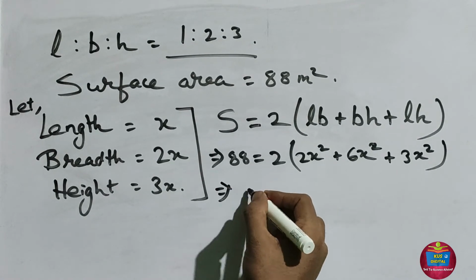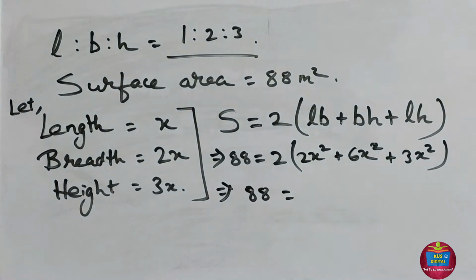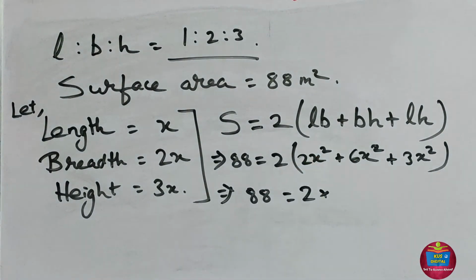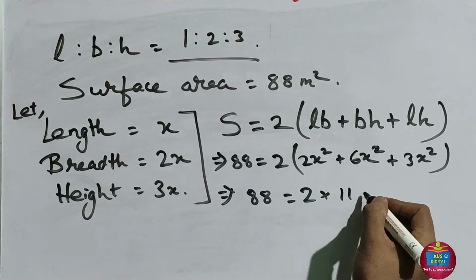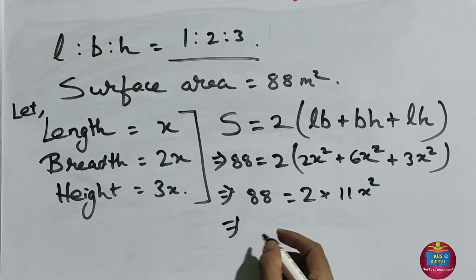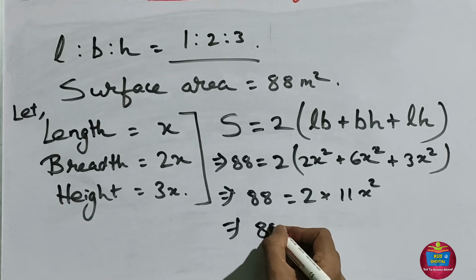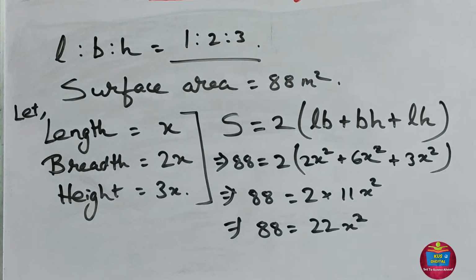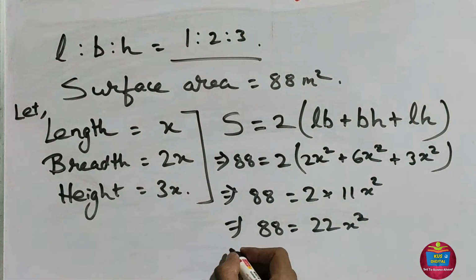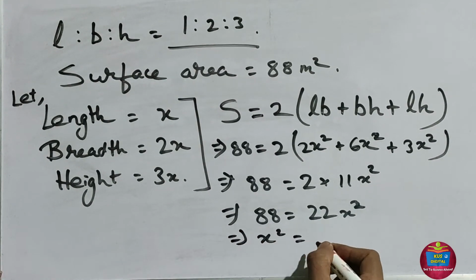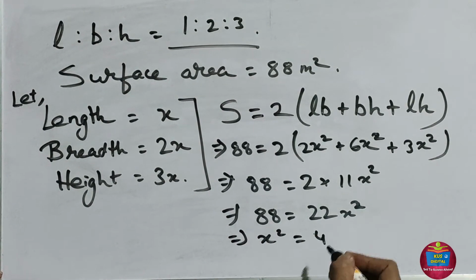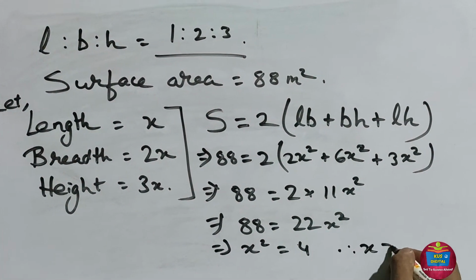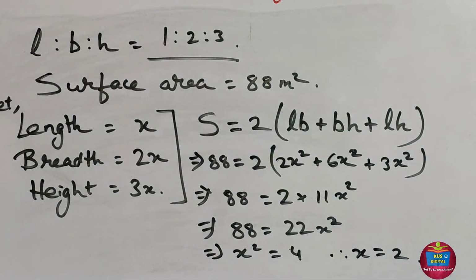So 88 equals to 2 into 6x square plus 3x square plus 2x square, that means it's 11x square, or 88 equals to 22x square. Now x square equals to 4. Okay, therefore x equals to 2.